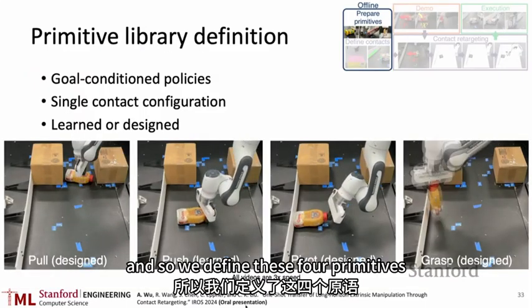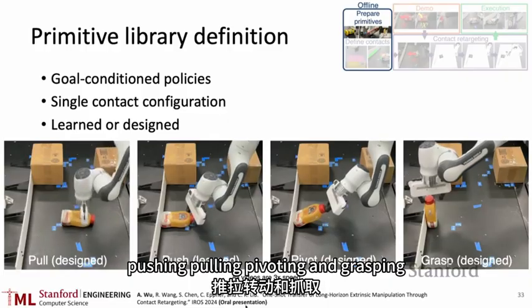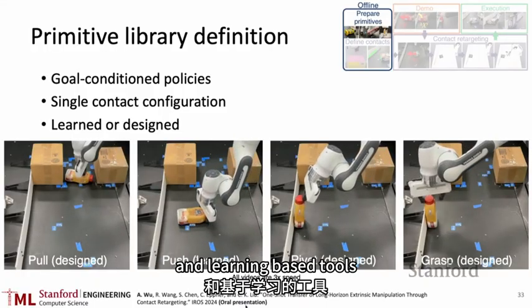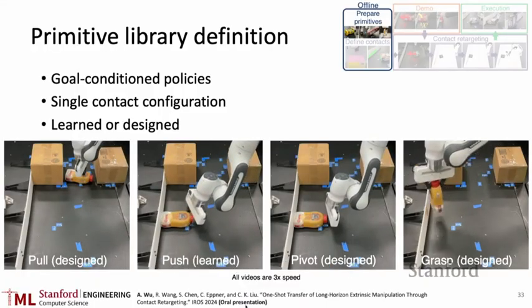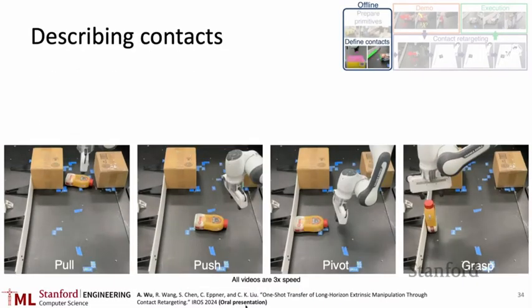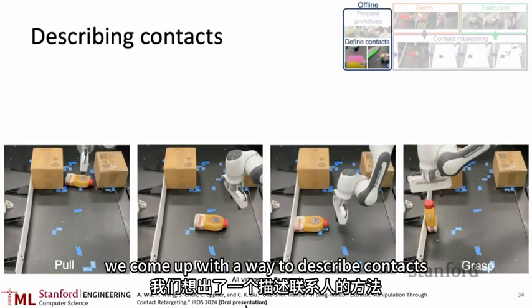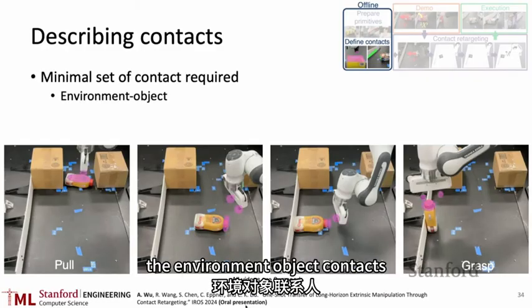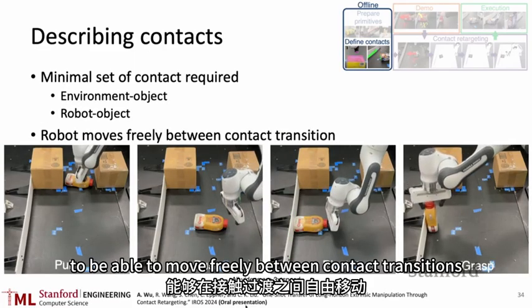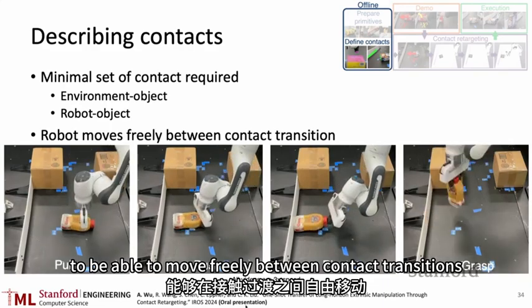We define four primitives: pushing, pulling, pivoting, and grasping, with a mixture of classical control tools and learning-based tools. Each of them stays within the same contact configuration. Then we come up with a way to describe contacts, in particular the environment-object contacts and the robot-object contacts. The robot is assumed to be able to move freely between contact transitions.